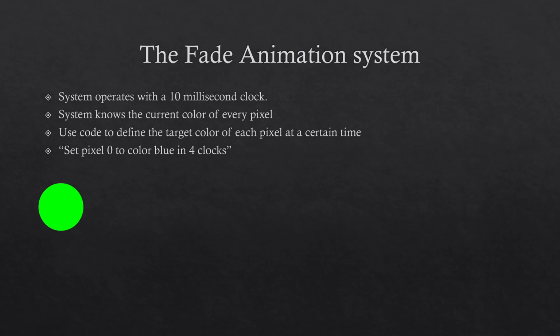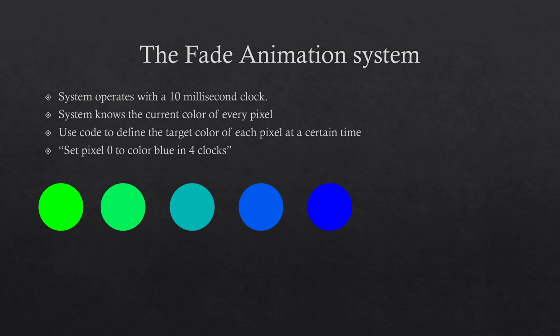What will happen? Well, we'll have 1 clock cycle, 2 clock cycles, 3 clock cycles, and 4 clock cycles. All we had to do is just say, hey, whatever the color is there, change it to blue. This is how long it should take, and the system went off and handled that. So that's the basic system.